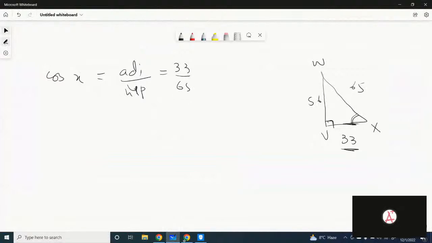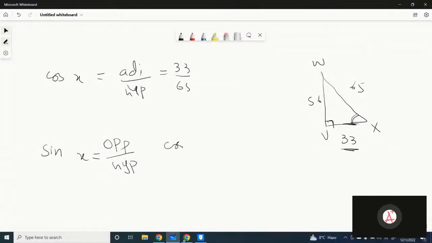So sine of any of the angles is opposite divided by hypotenuse.